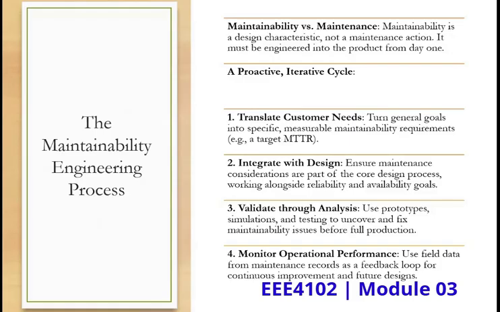So what do we look at in these processes? Number one, you translate customer needs. The process begins by taking broad customer desires. Let's say, for instance, the customer says, I want it to be easy to fix. What you do is turn the customer needs into quantifiable maintainability requirements.